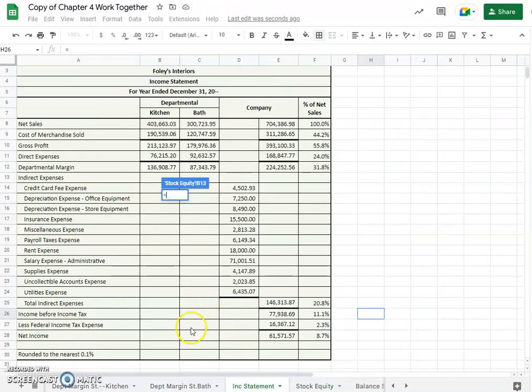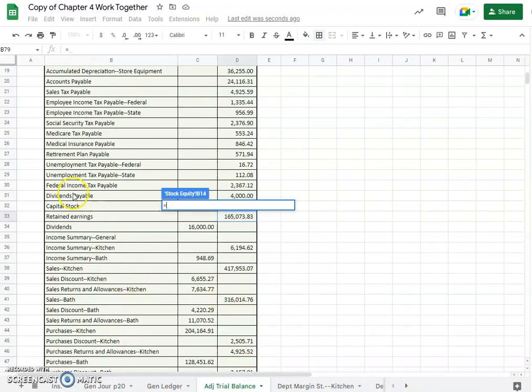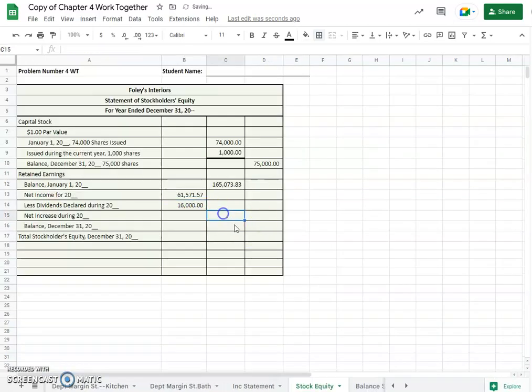Income statement, net income, 61,571.57, less our dividends declared. We know that also from our trial balance. Dividends declared were the 16,000. So our net increase would be a subtraction.